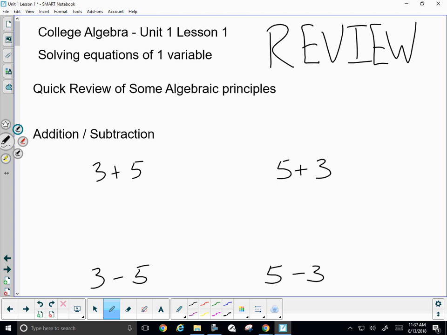Some of you may think this is incredibly boring or a waste of your time, but it is so important to have these basic fundamentals, solving equations and properties of addition and subtraction, down. If you do not have these down, or if you did not have them down before, it'll be so important to strengthen them for moving forward.